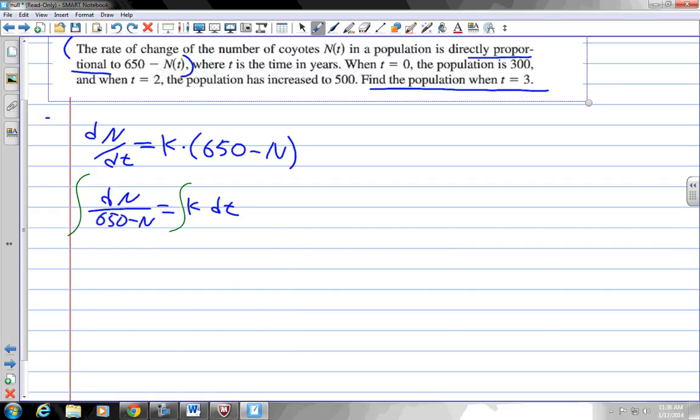So this is just a negative ln of 650 minus n. Population shouldn't be above 650, otherwise. On the other end, kt plus some constant.